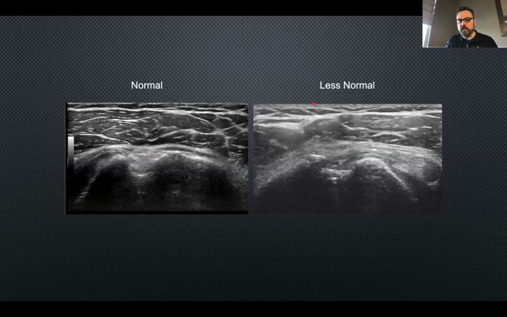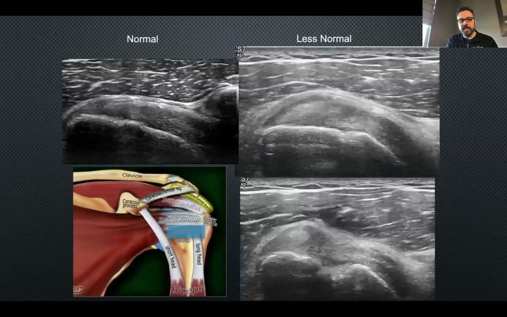Then we go to our patient and we have the bicipital groove. First off, kind of a mess, but what we're missing here, where is the tendon? Just don't see it. So we dig a little further and we externally rotate the shoulder, which is again one of the advantages of ultrasound.